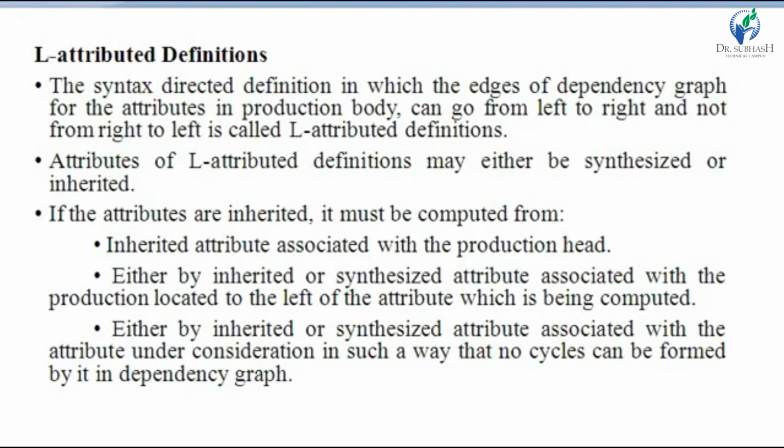The directed graph that represents the interdependencies between synthesized and inherited attributes at nodes in the parse tree is called the dependency graph. For the rule A gives BC, capital A gives capital BC, the semantic action is given by A.a is equal to f(B.b, C.c).